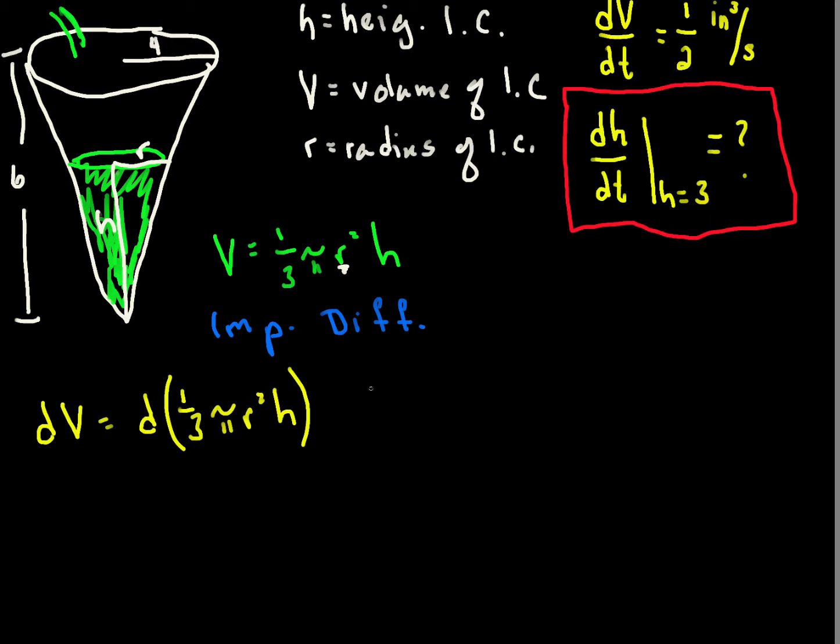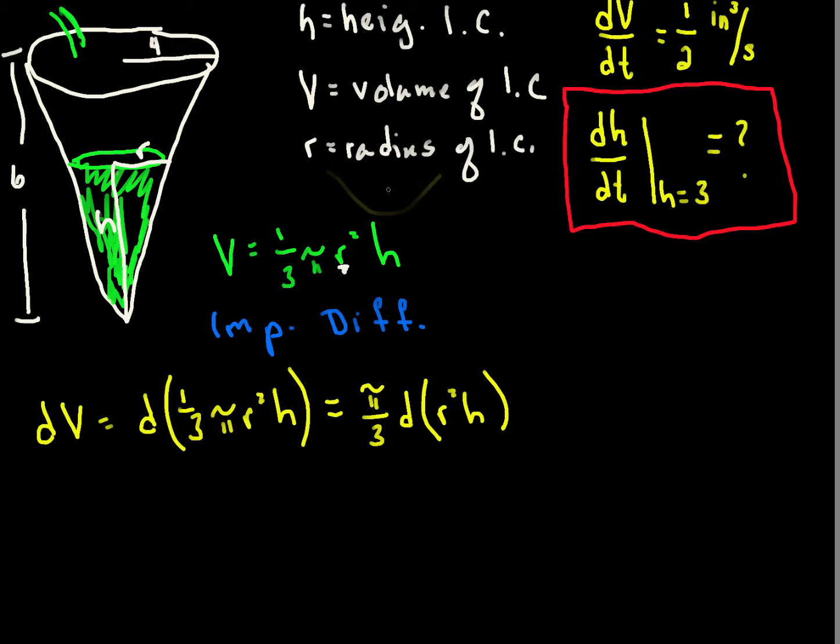And I'll take this a little bit slower than we have in other problems. This factor, or the differential, passes right past these constants. 1/3 is a constant, pi is a constant. So this is pi over 3 times the differential of r squared h. Now r and h are both variables. H is the height of the ice cream, which is definitely changing as the cone fills up.